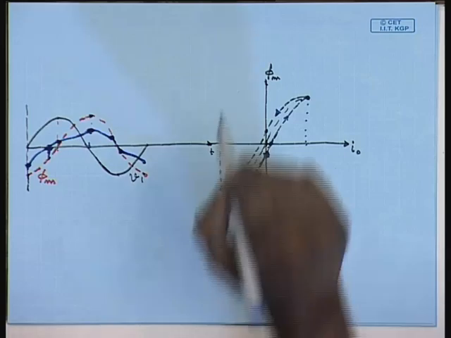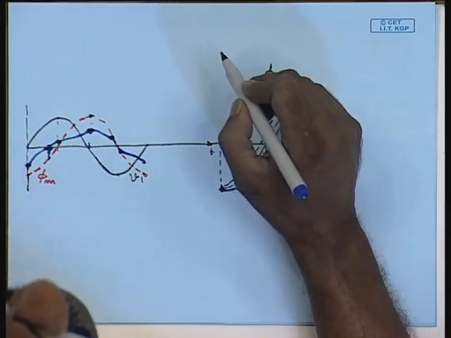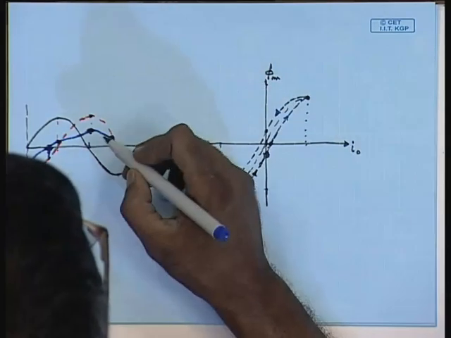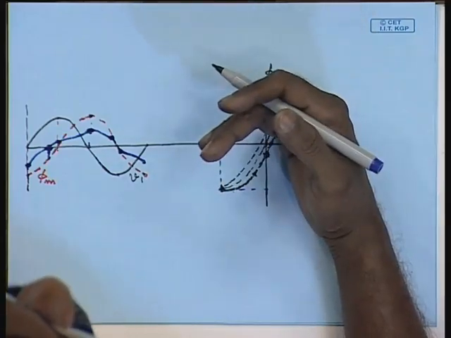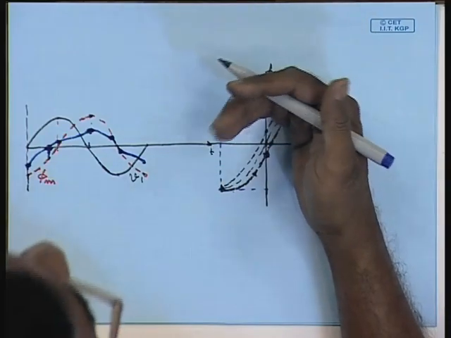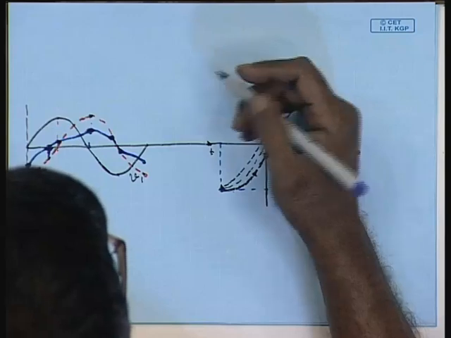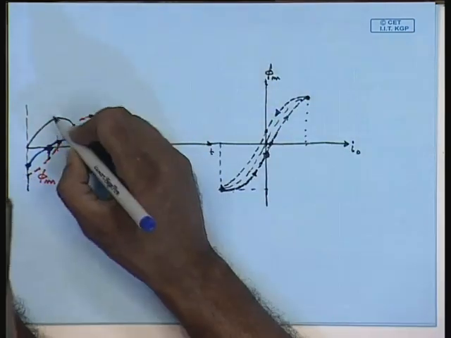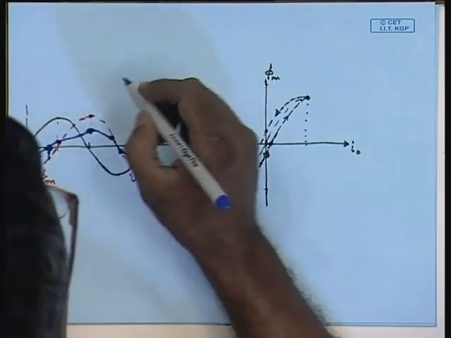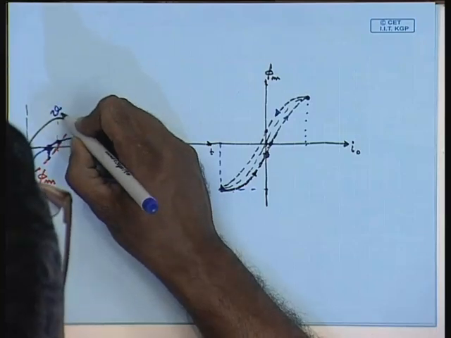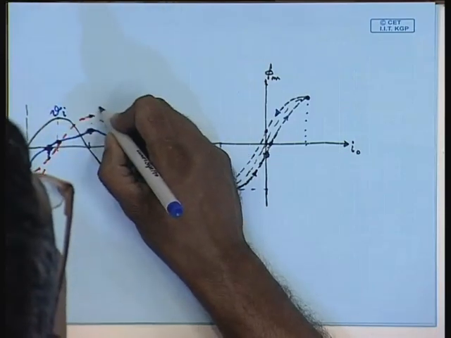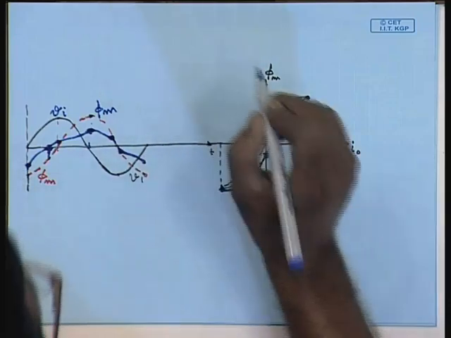Which is not sinusoidal, although it is symmetric around the y axis, but it is not sinusoidal, unlike the applied voltage waveform Vi or the flux waveform φm.